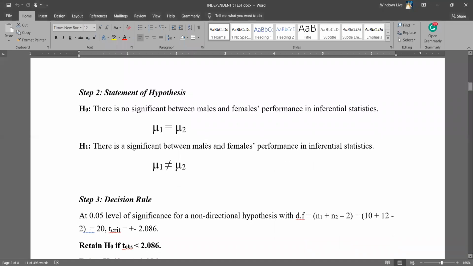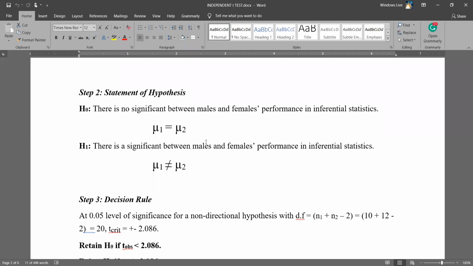So with this type of hypothesis, especially the alternative, when you see that they've indicated there's a difference, it means they haven't told us whether males will be higher or lower in performance than females. They just indicated that there would be a difference between the two groups. They didn't specifically tell us that one group will be higher or lower.